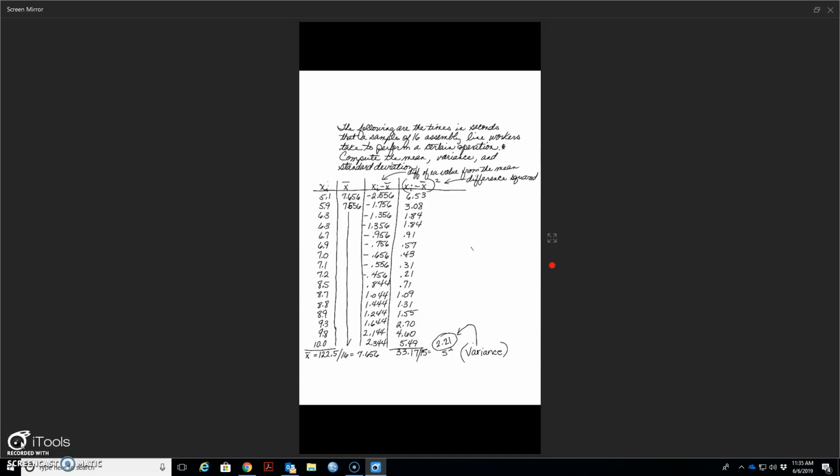And then to calculate our standard deviation, which is s, we take the square root of the variance, 2.21, and that gives us 1.49, and this equals the standard deviation.